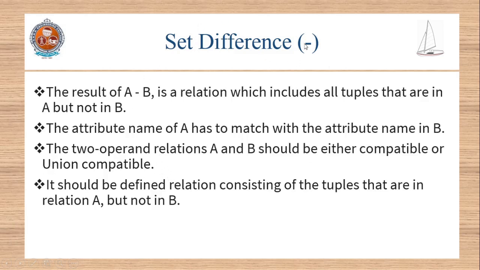So for this operation to be performed, it is sufficient that the two operands of the relations might be compatible or they can be union compatible. And it should be defined as a relation consisting of the tuples that are in relation A but not in B.